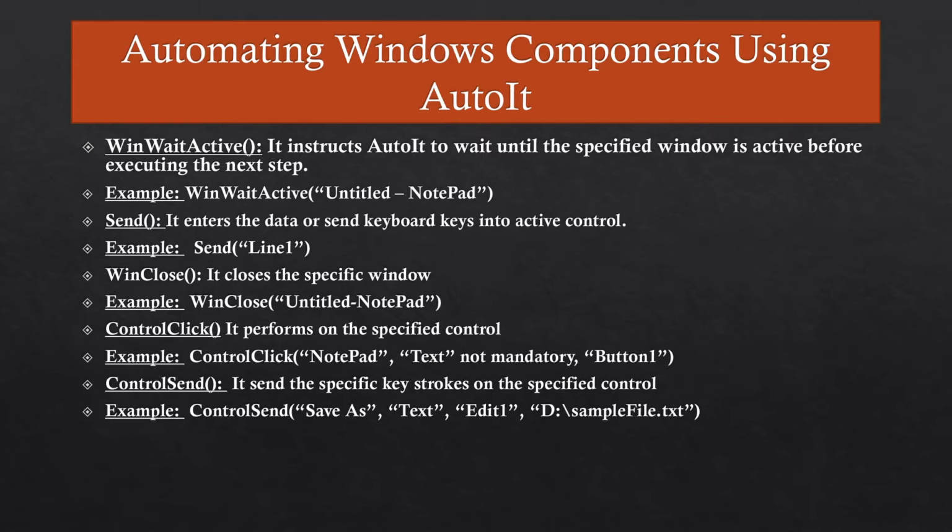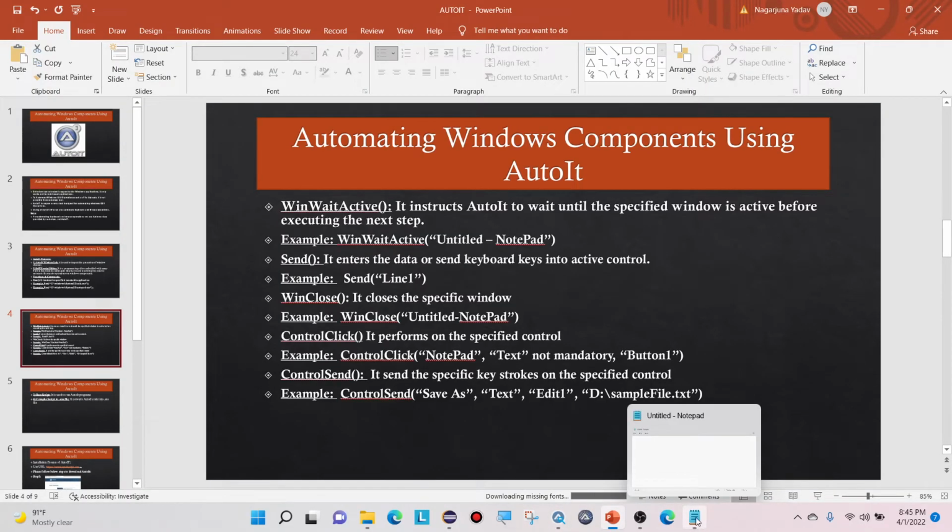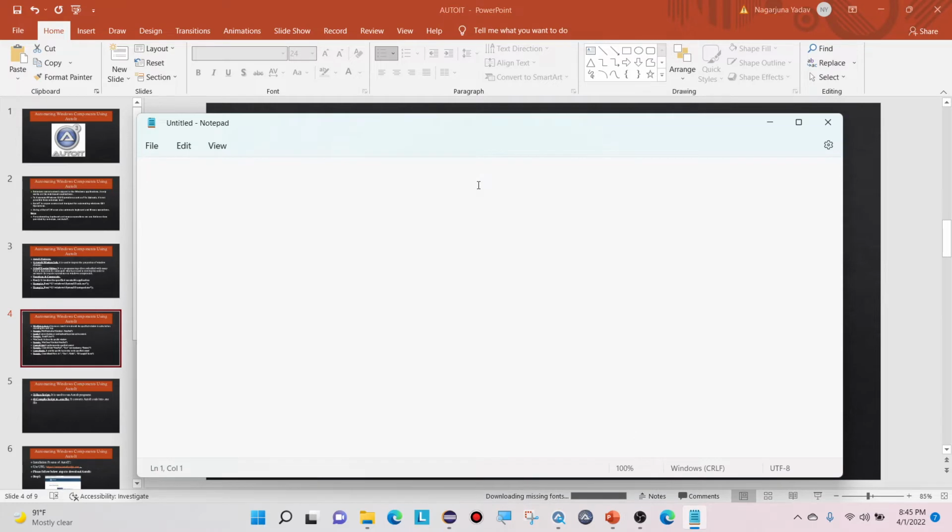For example, let me go back to our notepad application. Here I entered some text, line 1 and line 2. If I hit enter, again I am entering line 3 and line 4.